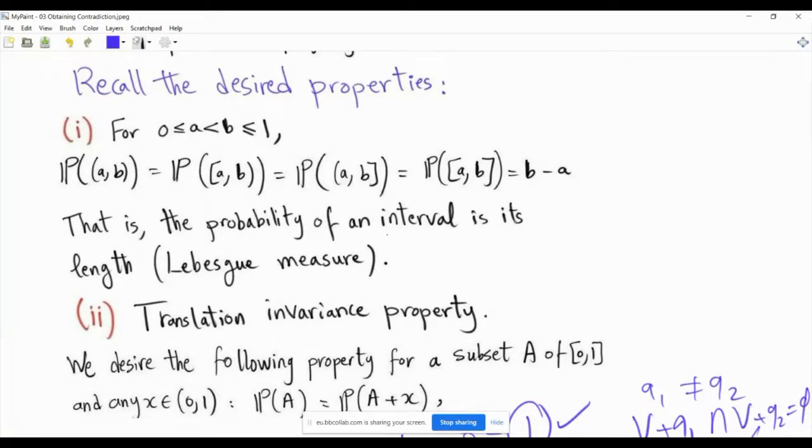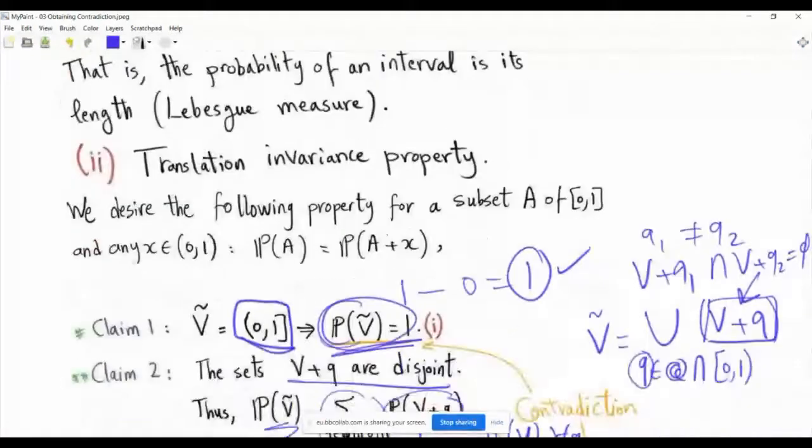We cannot basically do this in a mathematically consistent way if we just allow every possible subset of the closed interval from 0 to 1, which means that if we use the sigma algebra as the power set. So again, if you use the sigma algebra as the power set, then every subset is possible, and in fact you are under obligation to assign a probability to every possible subset of the closed interval 0, 1. But then you will get a contradiction.